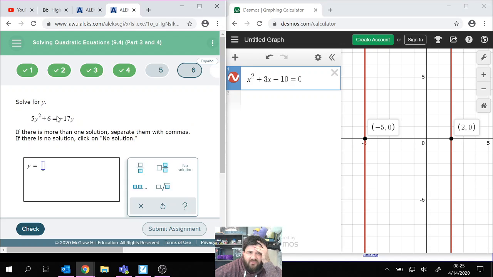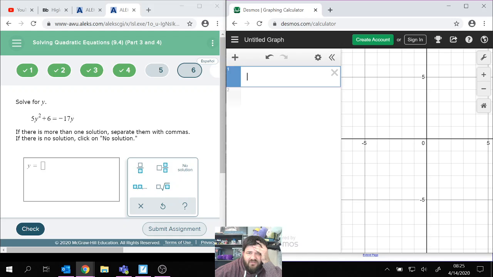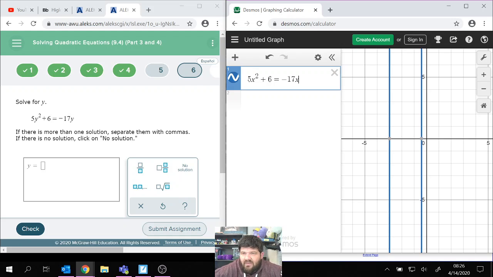Here we go. Here's one that's a little weird. So I believe if you change those to x's, you can type that straight into Desmos, just as you see it. So 5x and then shift 6 squared plus 6 equals negative 17x. Yep. See? So here's our two answers. The first thing is pretty nice. You got negative 3, so that's quick.